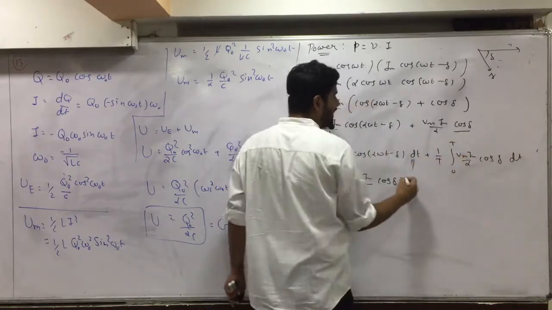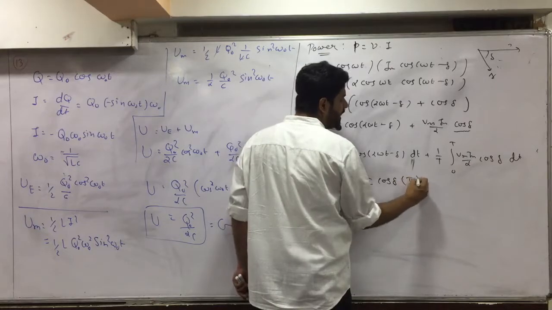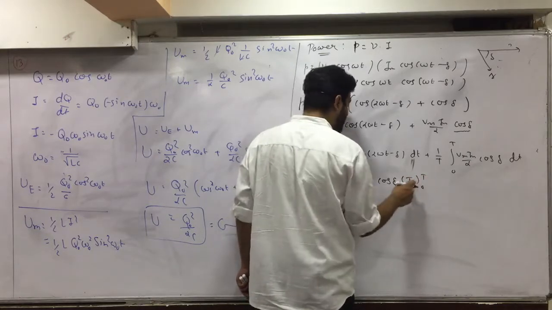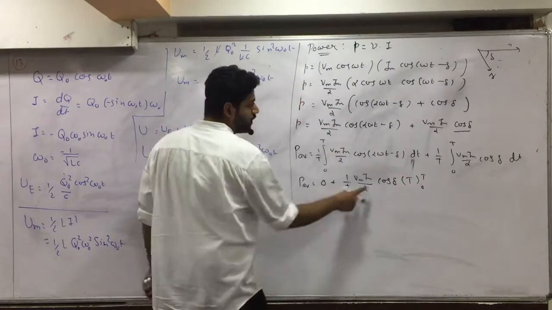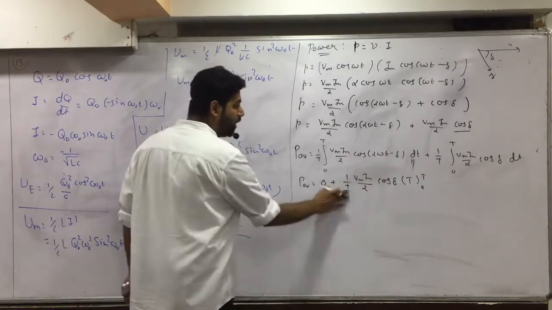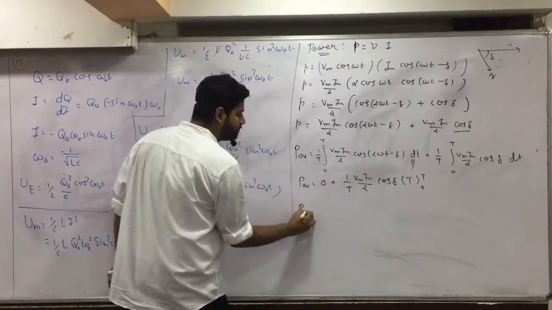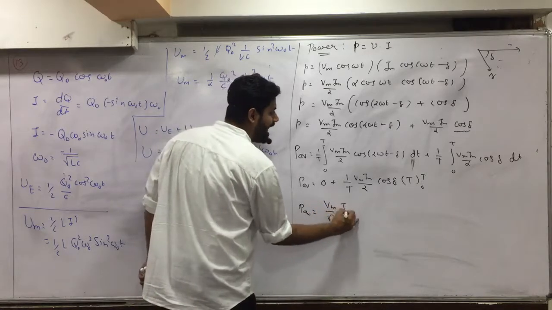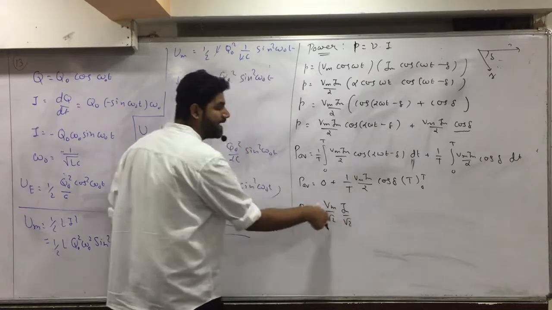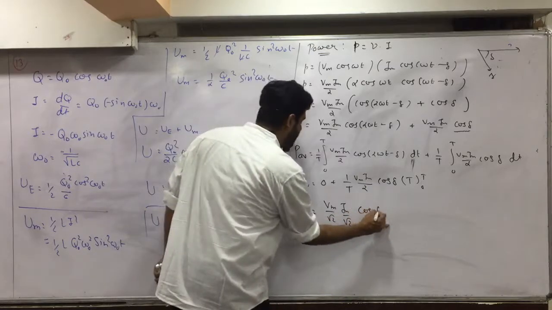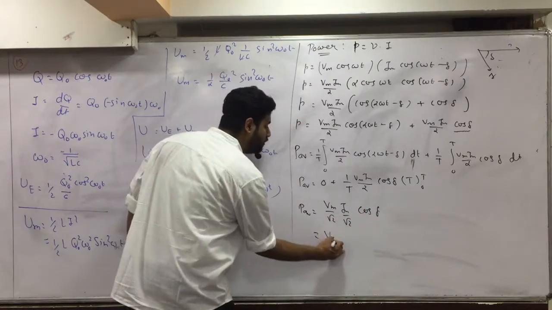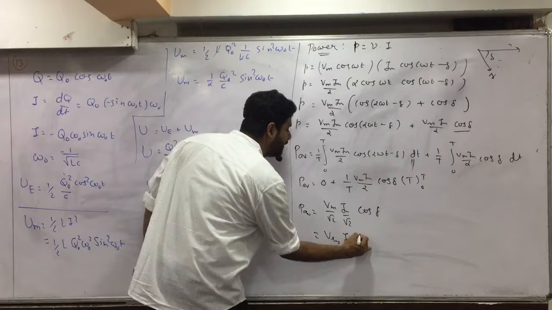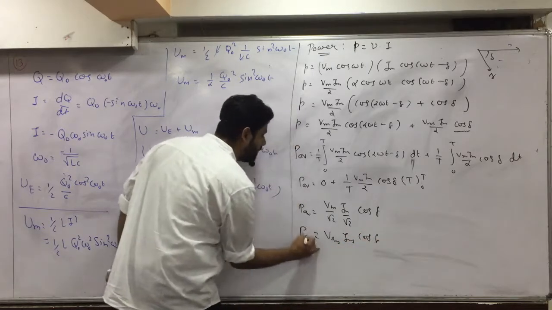So integration of dt is t, with t running from 0 to capital T, so I'll be having capital T over here. So capital T will get cancelled out and I'll be having P average which is equal to Vm by root 2 into Im by root 2. So it is Vm Im by 2 into cosine of delta. So ultimately we've got it is equal to V RMS into I RMS into cos delta. So this is my P average.